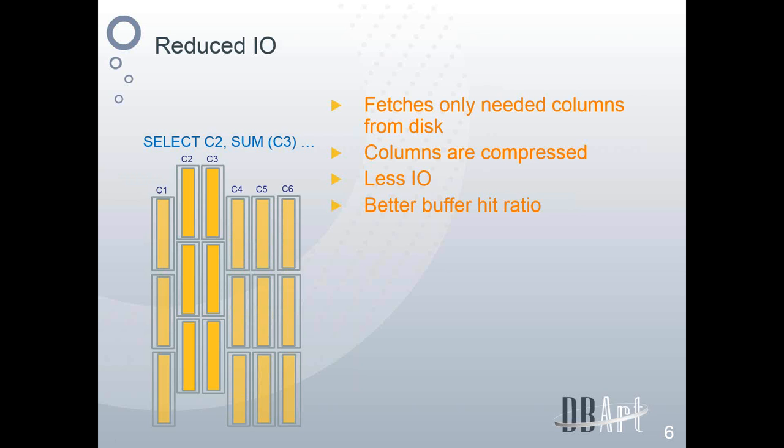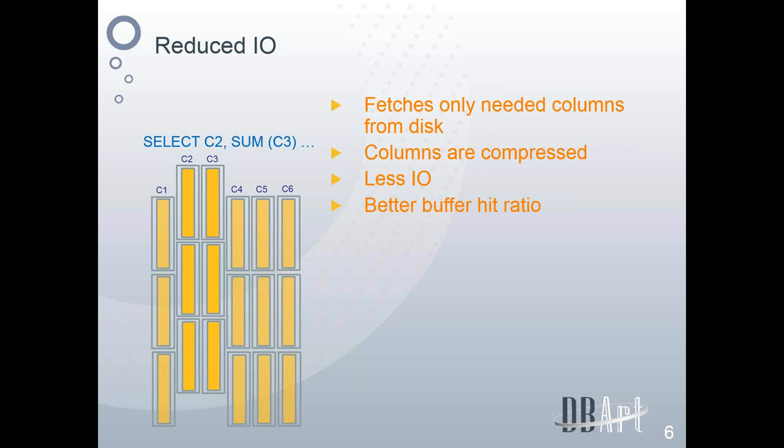So one of the huge differences between a column store index and the balanced tree indexes we are used to working with is that in column store we query only the columns which are actually required for a query.